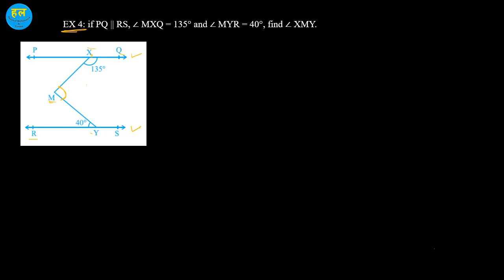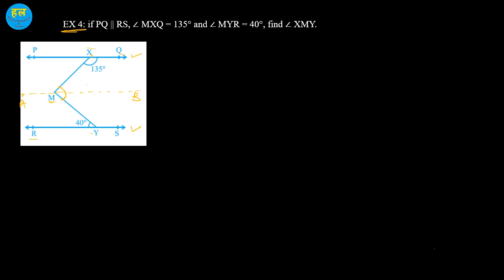So what can be done? This is a thinking process which we have to use while solving questions of angles and lines. What we can do here is we can make an imaginary line which passes through point M, and we name it AB.